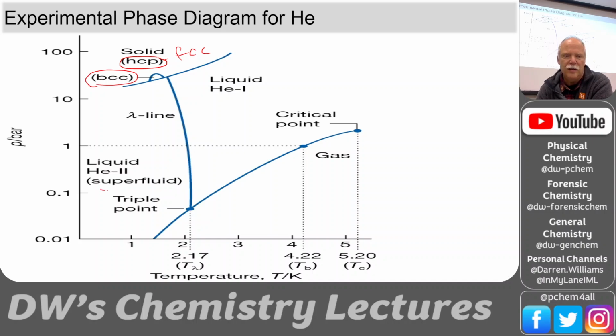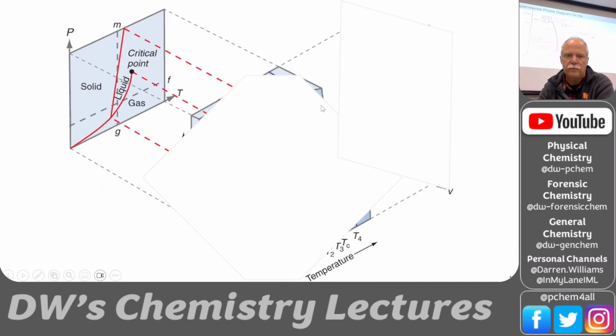This also talks about two liquids. There's liquid helium-1, and then liquid helium-2 is a superfluid. That's a fluid that has no surface tension, so there's no energy penalty for creating surface, whereas most substances have a preference for being in the liquid state down in the bulk and not on the surface. And then you have the gas.